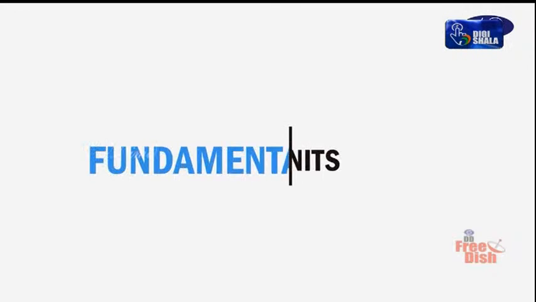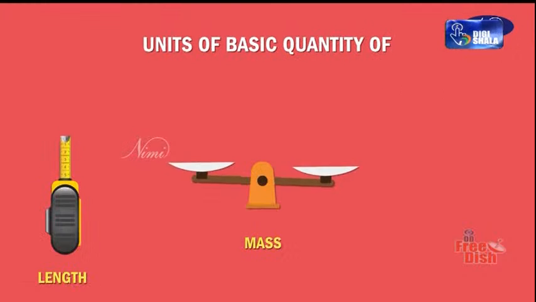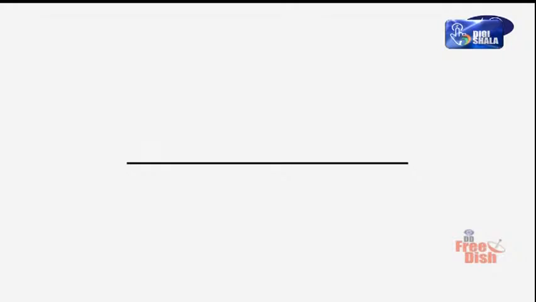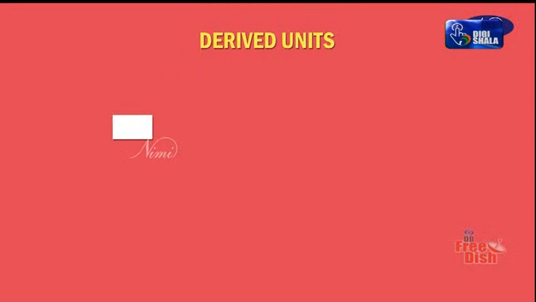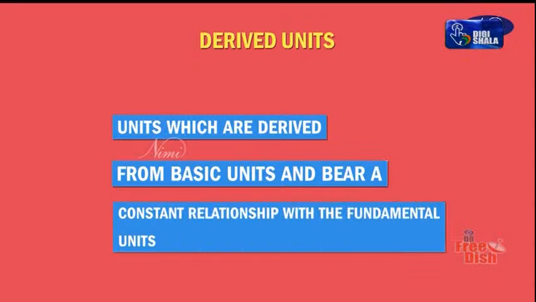Now we will see the fundamental units. Units of basic quantities of length, mass and time. Derived units. Units which are derived from basic units and bear a constant relationship with the fundamental units.